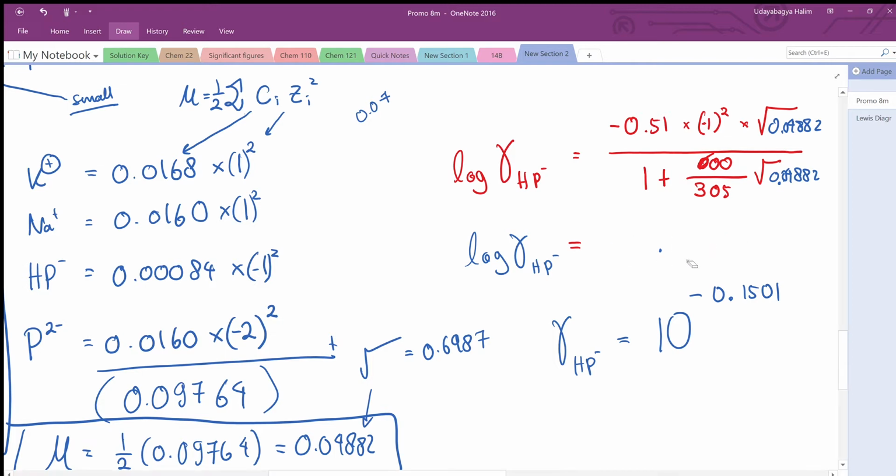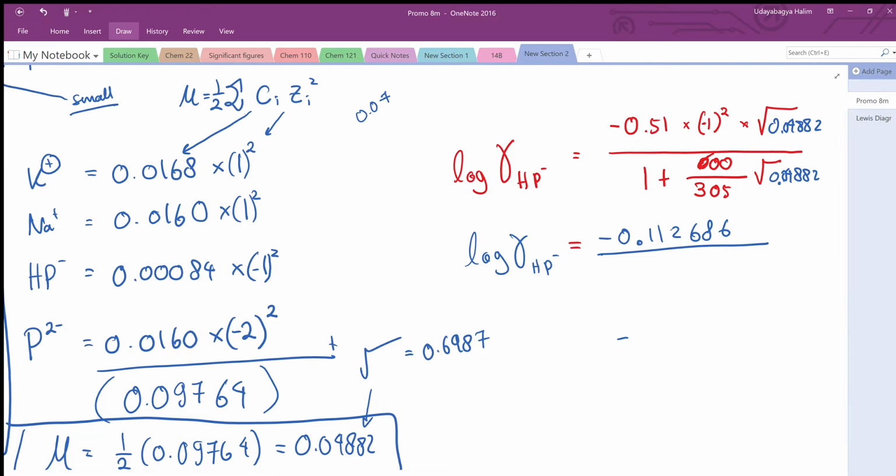So let's try to do this one step at a time. So negative 0.112686 divided by 1 plus 600 divided by 305 times the square root of 0.04882.